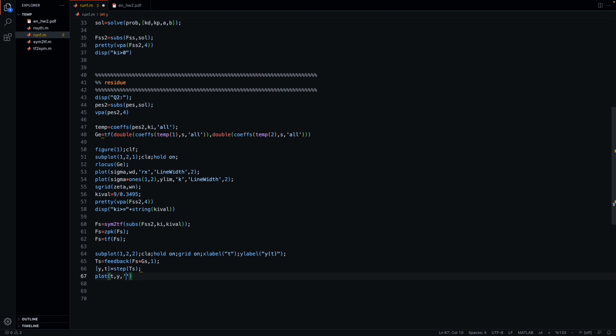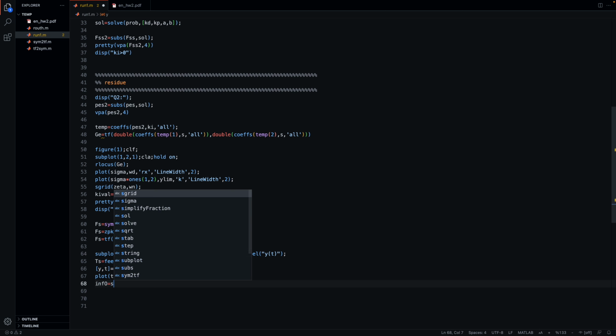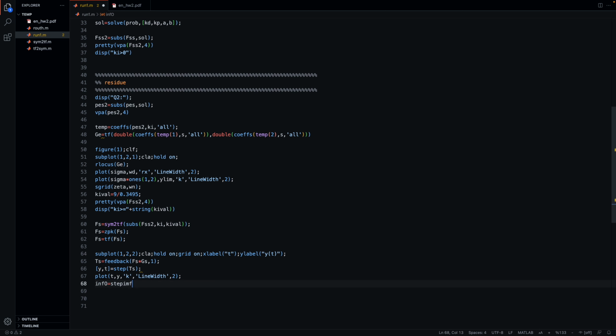Now, since we've done that, we can plot it. Maybe we could also look at the step info of the system in order to verify the settling time. So info.settling time. Info.overshoot.